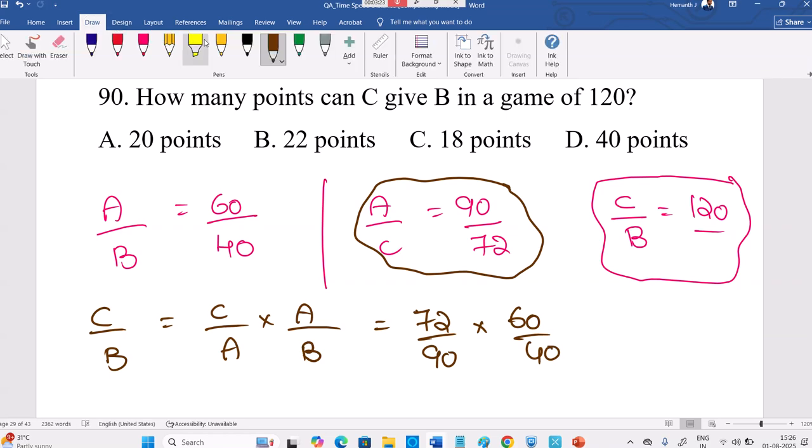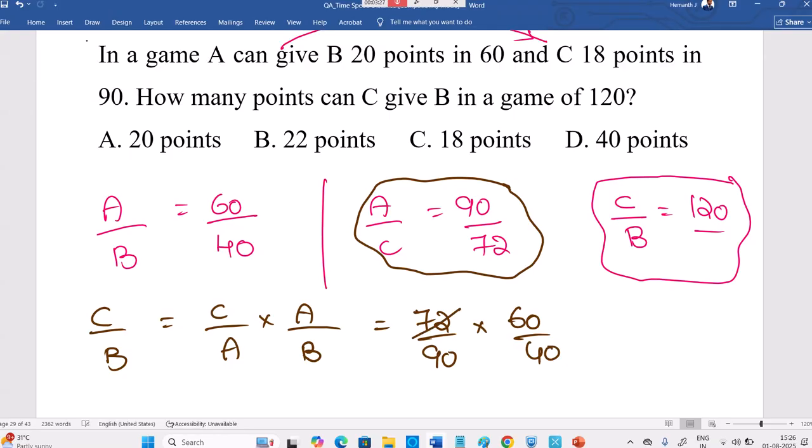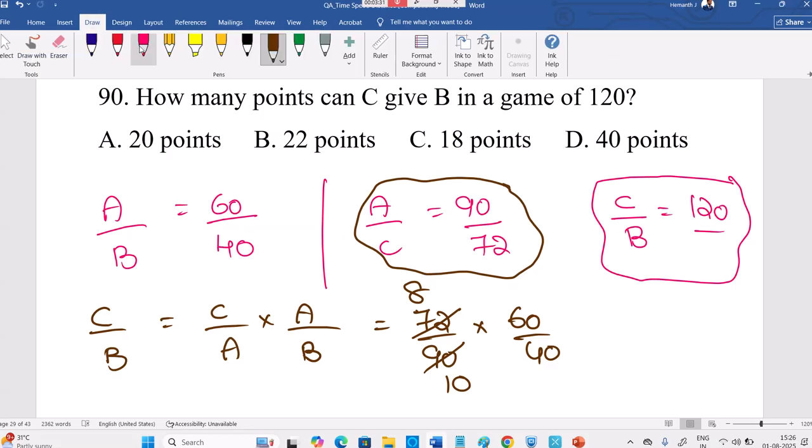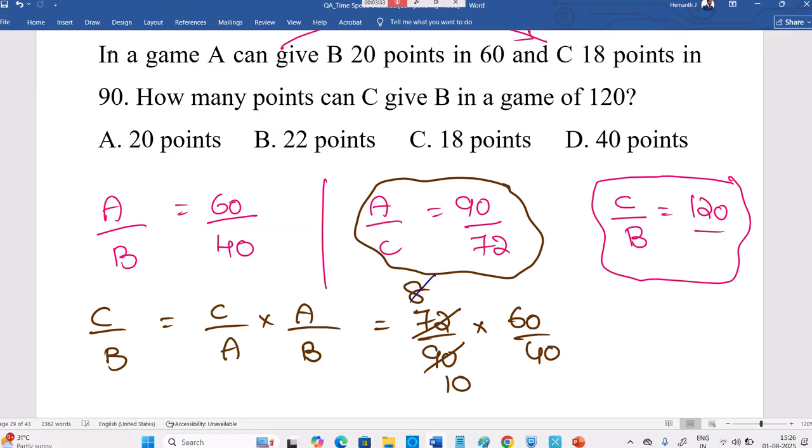Don't cancel that 60, keep it because we want 120. Doubling is easy. Here 9 eights are 72, 9 tens are 90, and 8 fives are 40. So it is 60 divided by 50, which I can write as 120 divided by 100. As your friend mentioned, C can give 20 points to B.